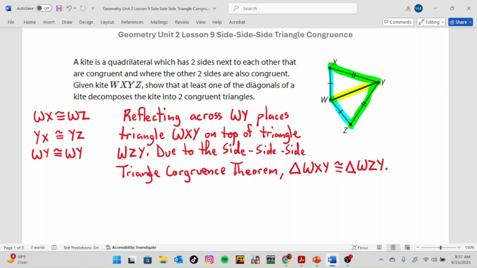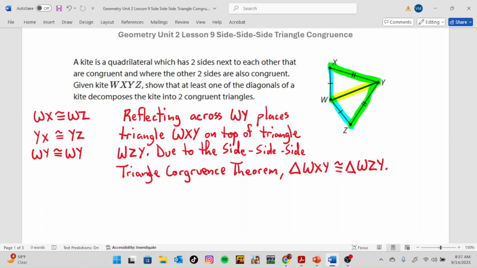So we already knew that two pairs of sides were congruent. We created the third side that was congruent by drawing segment WY, and obviously a line is going to be congruent to itself.